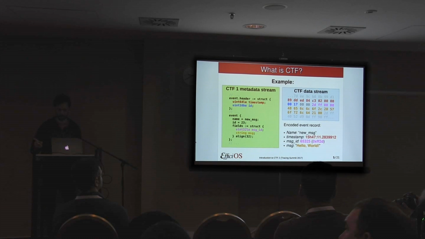And we can see in the data stream here that it's 0x17, so 23. So we select the event which has the ID 23. It happens to be an event named new message, for example, which starts with a 32-bit little endian integer, and let's pretend it's aligned on 32 bits too. So we skip 2 bytes of padding in gray, and 2 bytes which are 0 here. And we get some message ID followed by a C string, or a null-terminated string, after which would start the next event record or another packet perhaps.